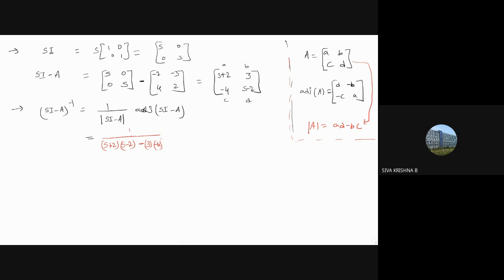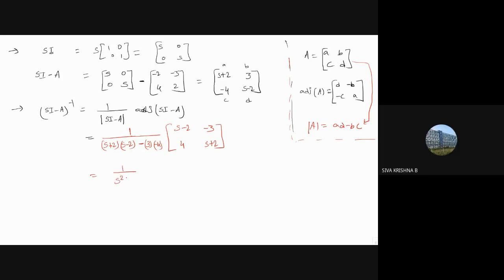Okay, next adjoint of A. Adjoint of sI minus A: D is s minus 2, minus B is minus 3, minus C is minus of minus 4, that is 4, and s plus 2. Very good. So now what did we get as the denominator overall? s square plus 8.